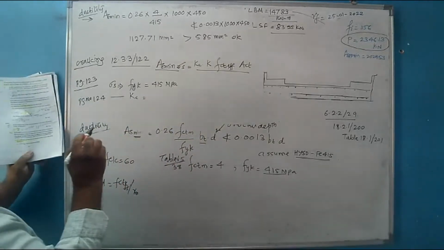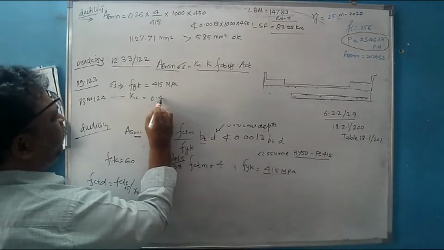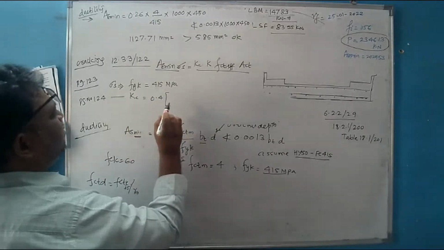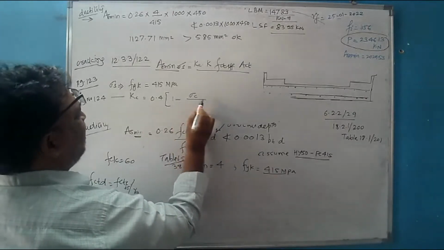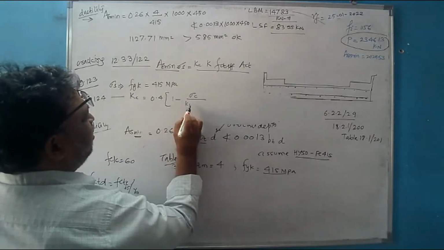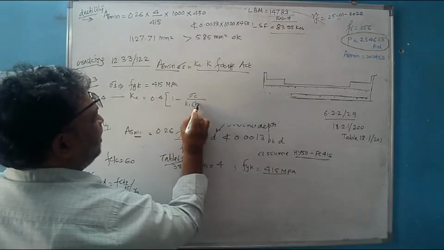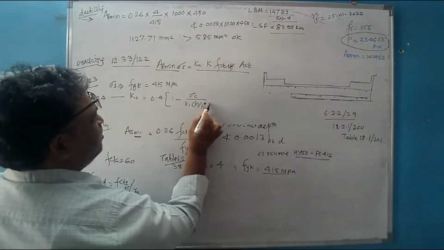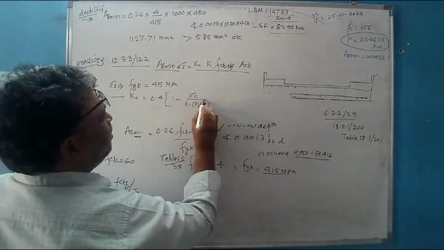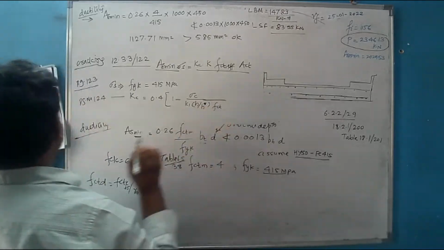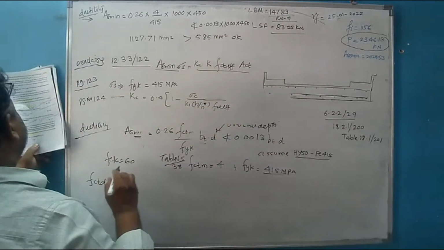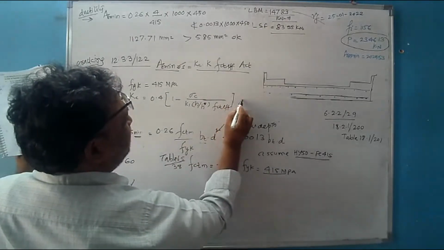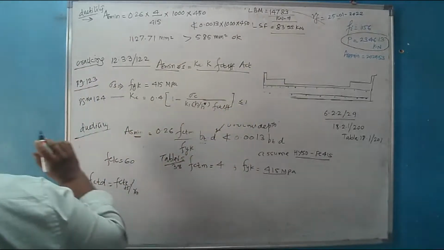So the equation for Kc is 0.4 in bracket 1 minus sigma c divided by k1 h divided by h star, fct,eff. And this whole must be less than or equal to 1. No problem.